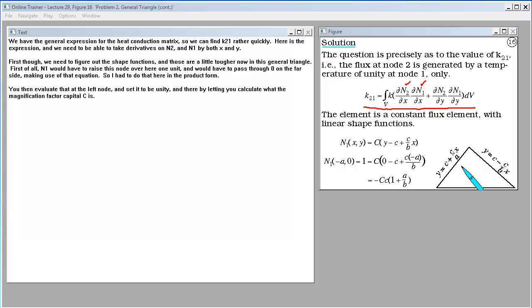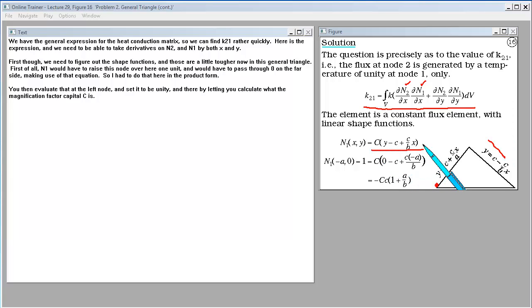First, though, we need to figure out the shape functions, and those are a little tougher now in this general triangle. First of all, N1 would have to raise this node over here 1 unit, and would have to pass through 0 on the far side, making use of that equation. So I do that here in the product form.